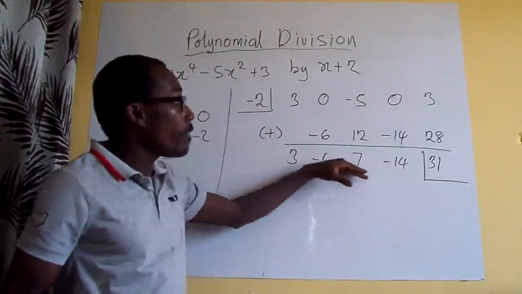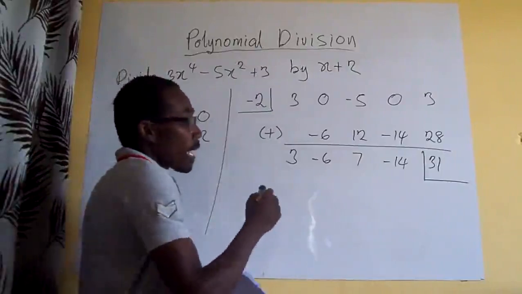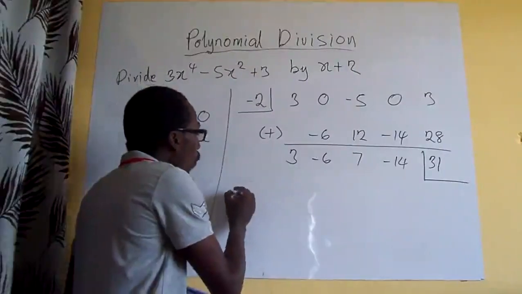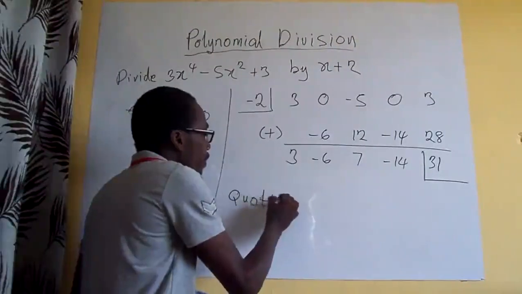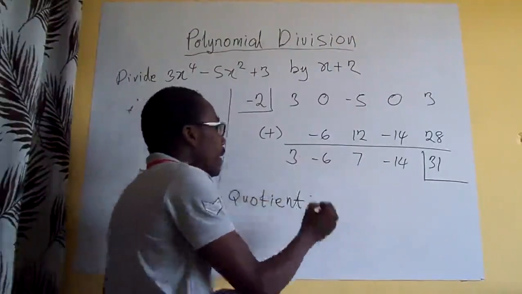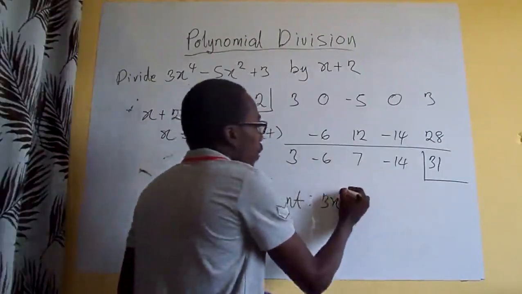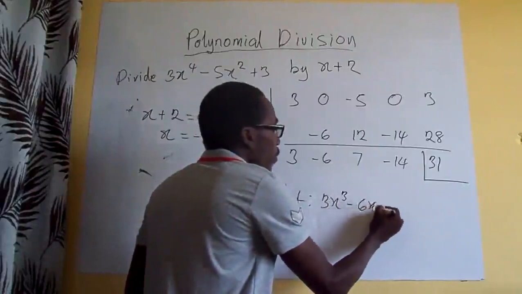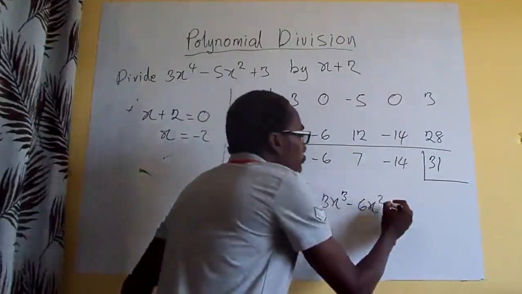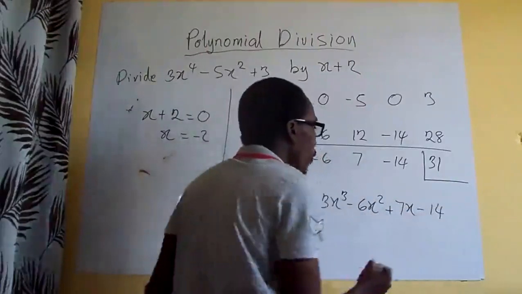Okay. We also had, take a look at what we have here, these coefficients. You remember from the previous exercise, we had the quotient to be 3x cubed minus 6x squared plus 7x minus 14, if you remember.